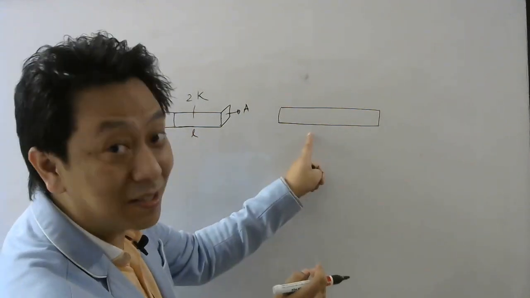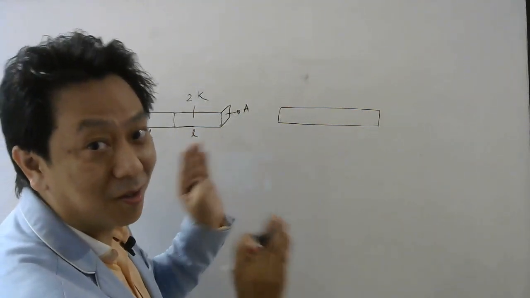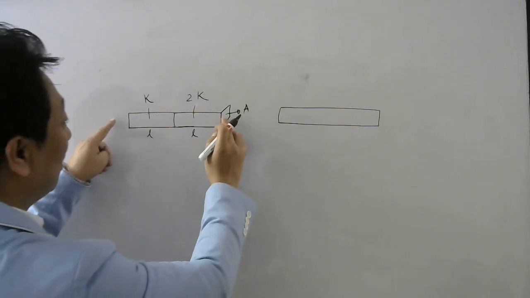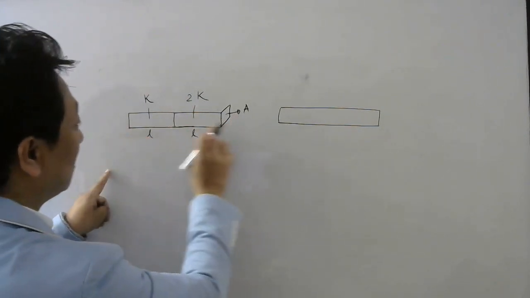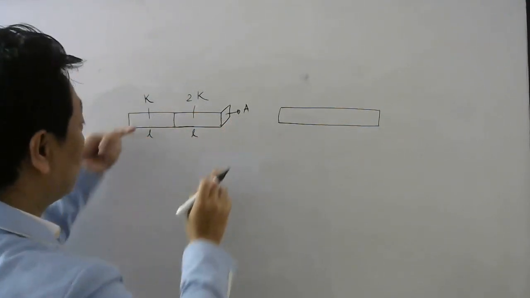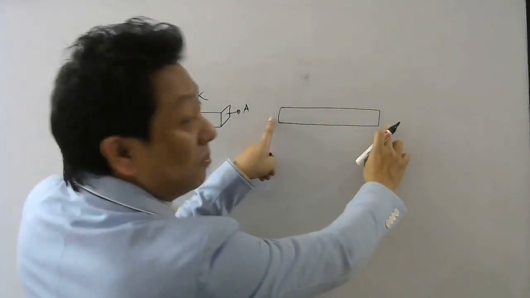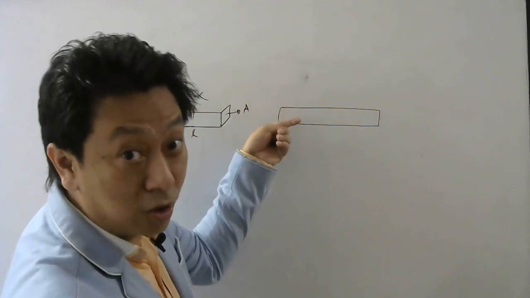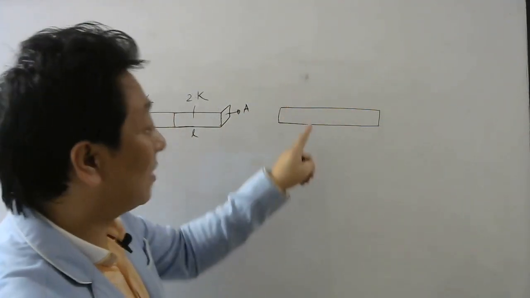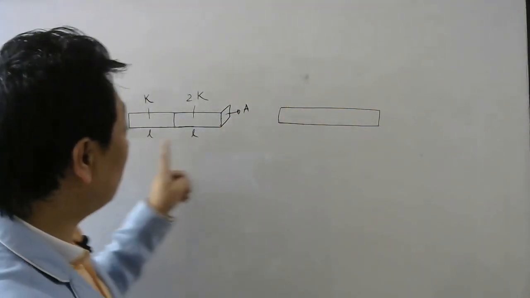Then we say this is equivalent of these two. Let me repeat once more, if you apply 100 degrees Celsius here, 0 degrees Celsius here, and suppose 100 joules of heat flows, then if you apply the same temperature here, then 100 joules should flow here also. Then we say this is equivalent rod of these two.